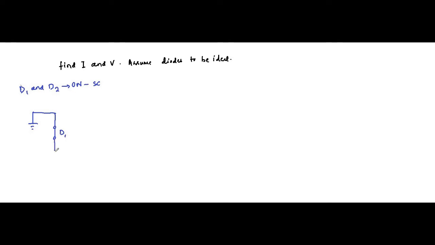Then we have this 5 kilo ohm resistor, and then we have minus 10 volt.